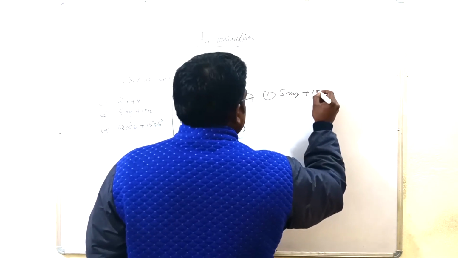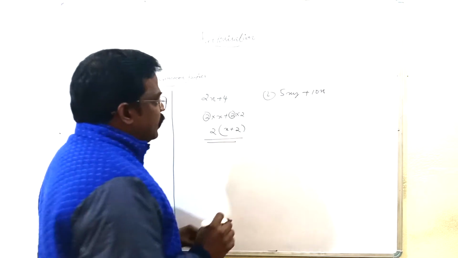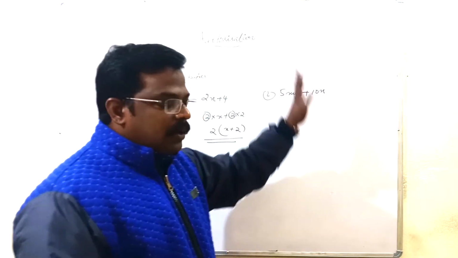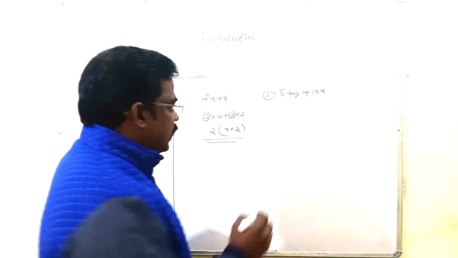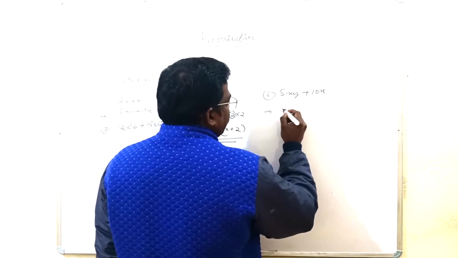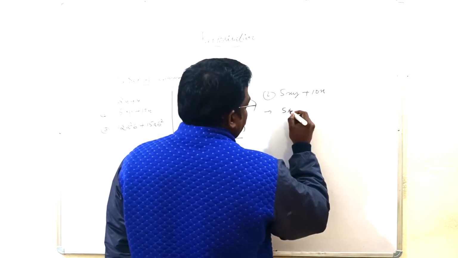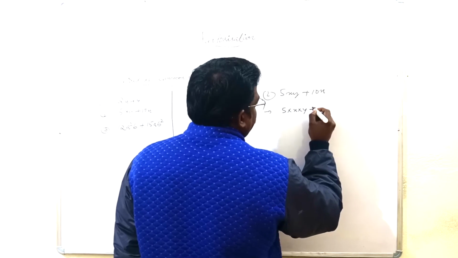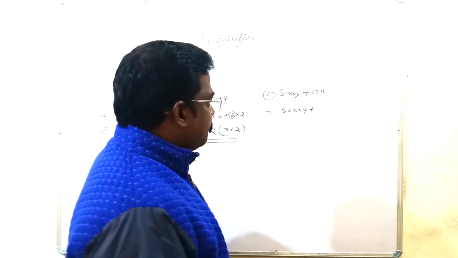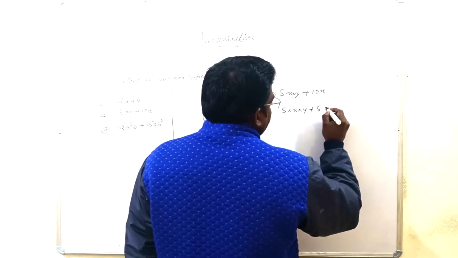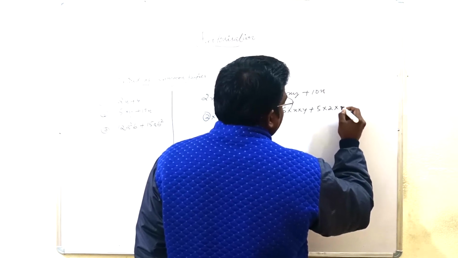See the second question. 5xy plus 10x also can be factorized. Here we cannot factorize 5. So 5 into x into y plus 10, which is 5 into 2 into x.